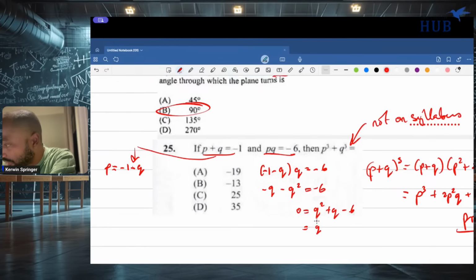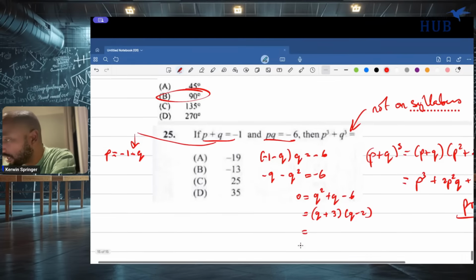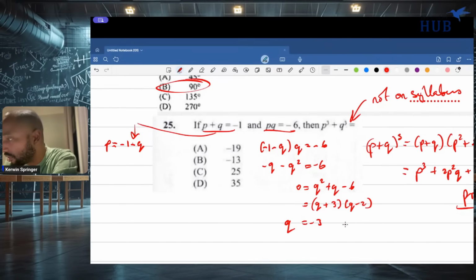So in other words, we'll have Q minus 3, Q plus 3 by Q minus 2. So you'll get either Q is -3 or Q is 2, which will be vice versa because this is commutative.